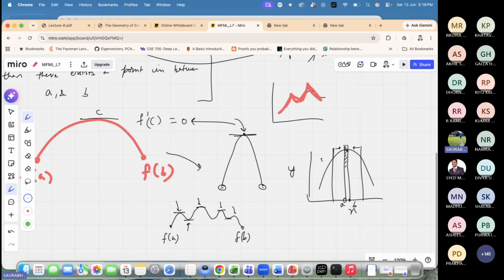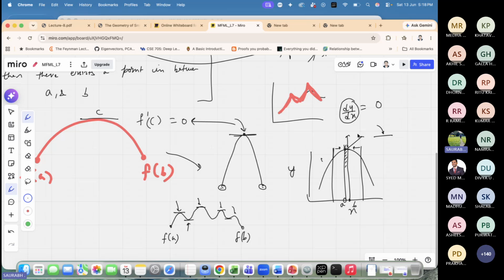The change in y is like the instantaneous rate of change. And then the instantaneous change in y, dy by dx, would be almost zero because there is no change in y at this point. It would be all flat. And that's what we call the slope is not changing, or the slope is constant at that point.